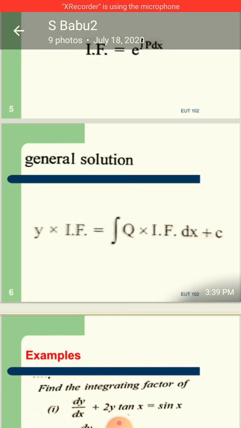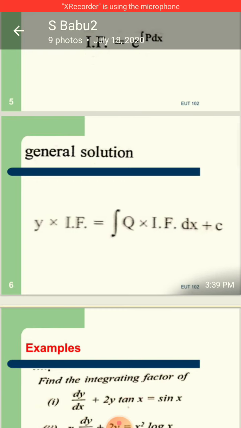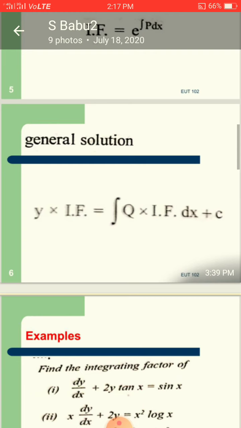Here c is a constant. Which type of constant? An arbitrary constant. c is an arbitrary constant. This is the formula for finding the solution of a linear differential equation.